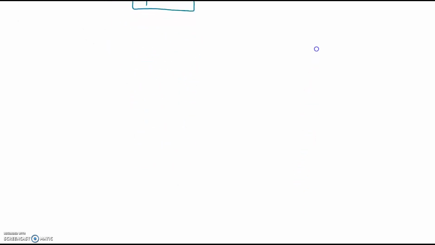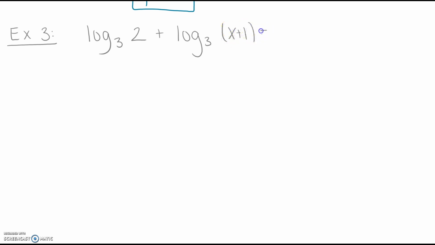Alright, let's do a third example. Log base 3 of 2 plus log base 3 of x plus 1 equals 4.